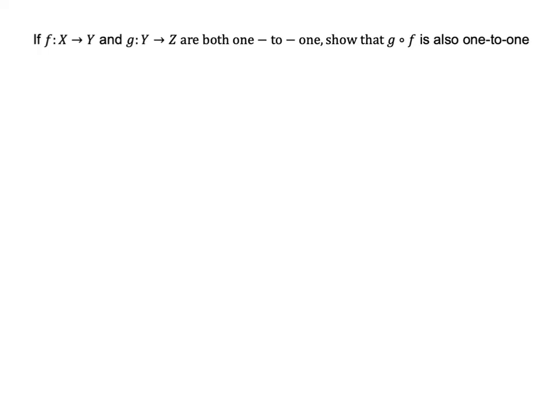So we finished the video with a couple of proofs involving function composition. Here we have two functions, f and g, both of which are 1-to-1, and we want to show that the corresponding composition, g circle f, is also 1-to-1. So how do we show that a function is one-to-one?